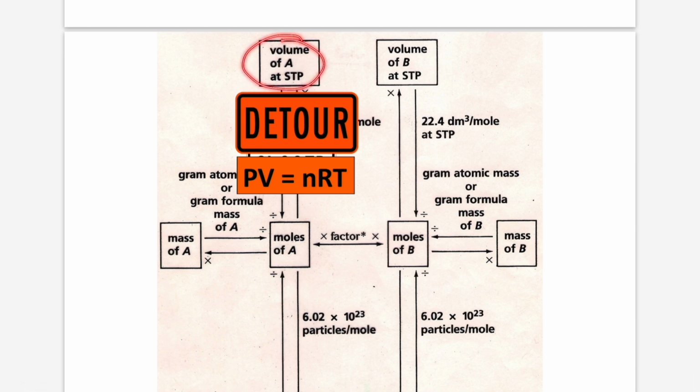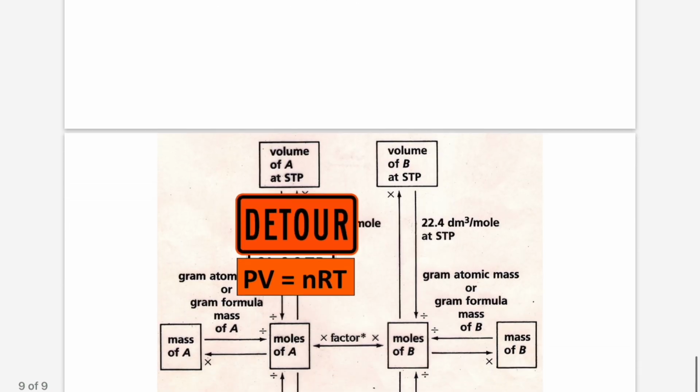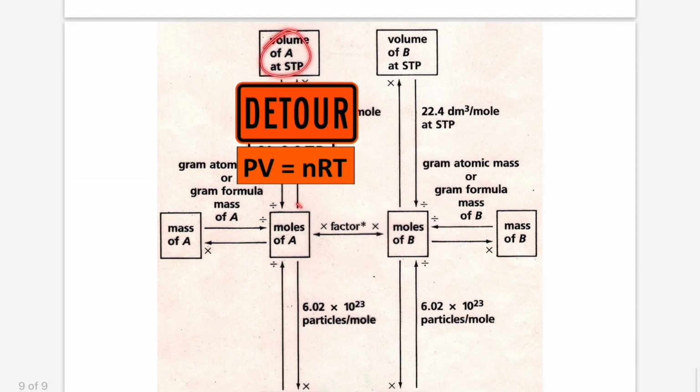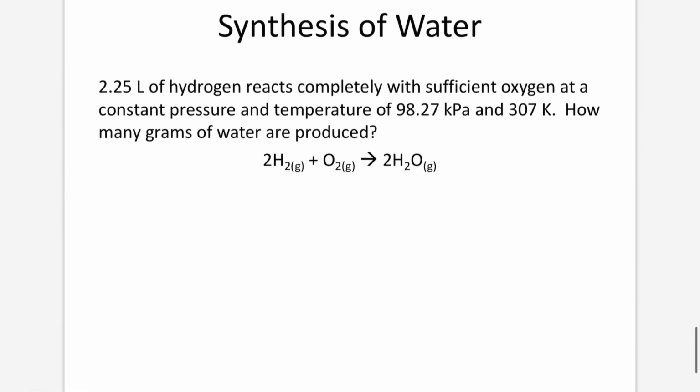So to get from volume of hydrogen to moles of hydrogen, we're going to have to use the ideal gas law. And then from there, we can continue with our normal stoichiometry. But the first step is figuring out moles of hydrogen using the ideal gas law.